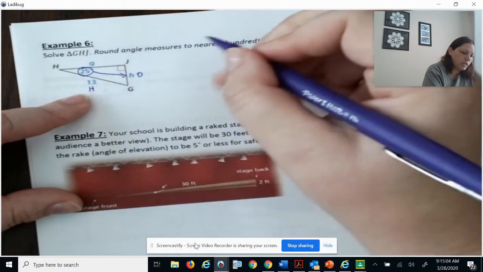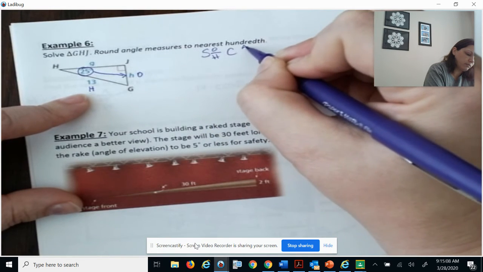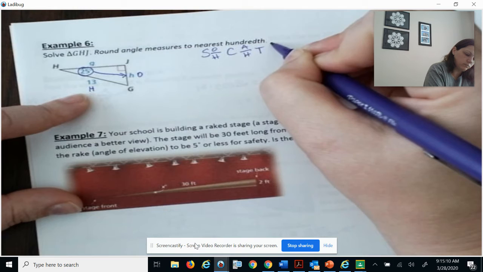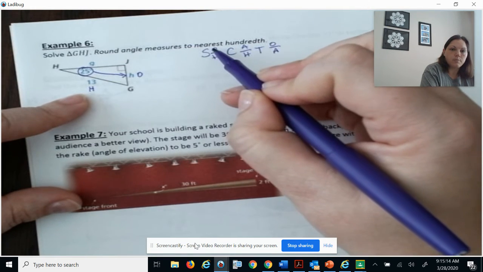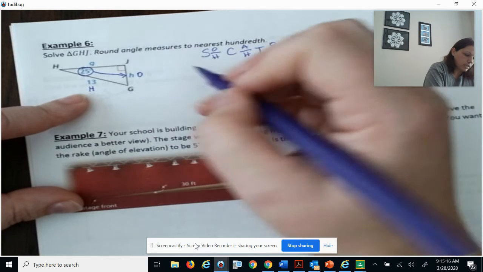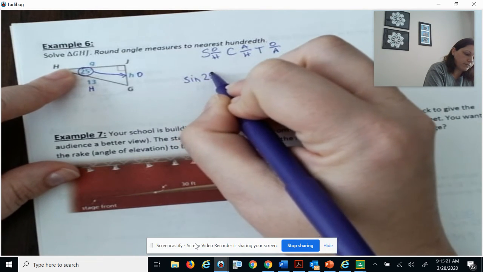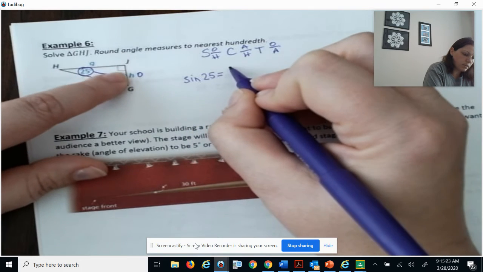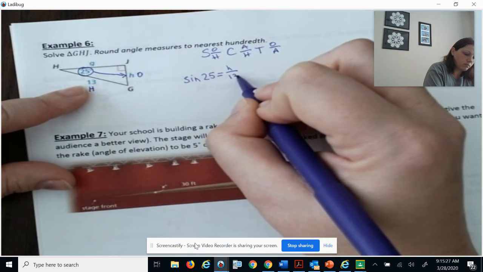So we have the O and the H. And if we write SOHCAHTOA again, the O and the H, opposite hypotenuse goes with the S, so that's the sine. My angle was 25, so sine of 25 equals opposite is H, hypotenuse was 13.